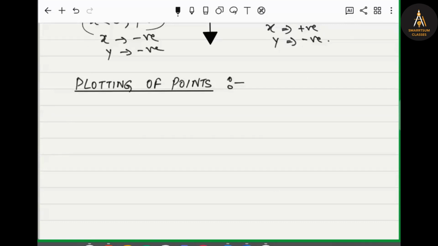Now, suppose we have to plot points. Let's take an example, a question.